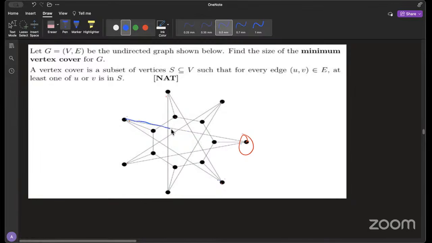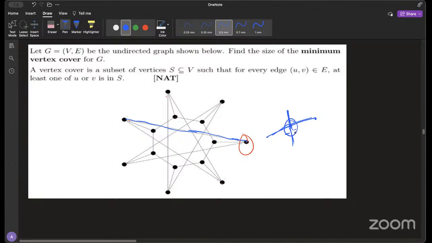So what I'm trying to say is we don't have a formula or a hard and fast rule that if you do this thing, then you can make sure that this is the minimum number, right? We don't have that rule. The one thing that you should have in mind is to start with the vertex that has a lot of edges going out from it.